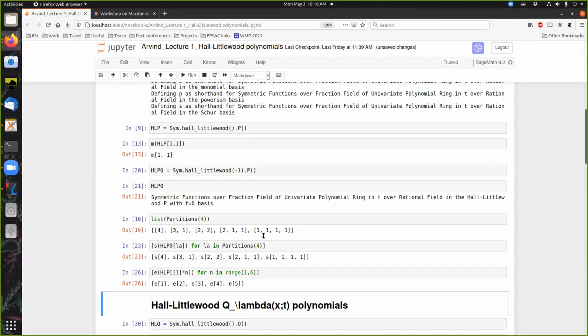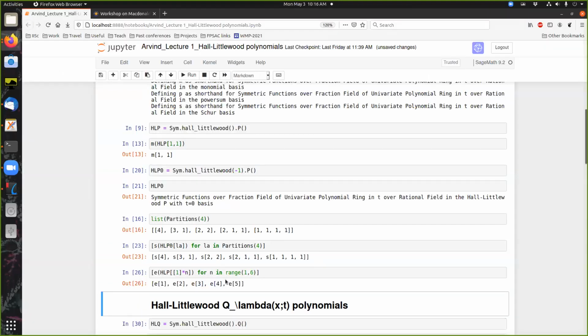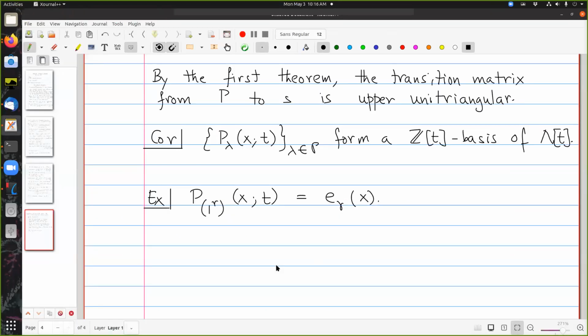No, t is not 1 here. This is P lambda, t is arbitrary. But the answer is independent of t. Oh, okay. So you're dividing by the V lambda already. Exactly. The V lambda completely kills all the dependence on t, it is in that V lambda. Okay.